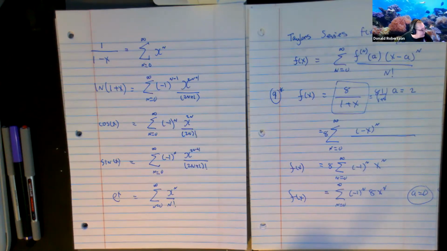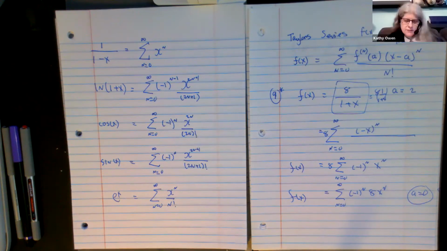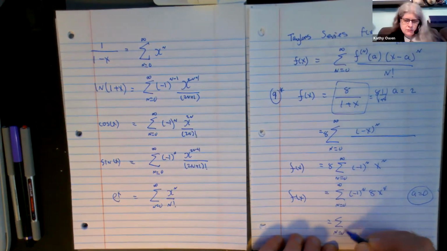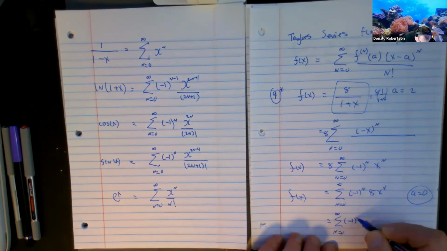So we need to figure out what to do next. What do you think I'm going to do next? Substitute that x minus 2 in for the x. So it would seem reasonable.